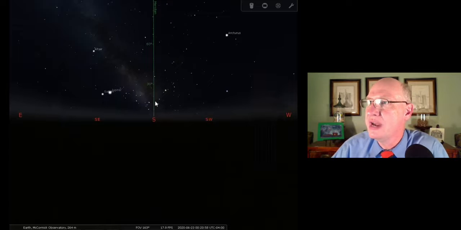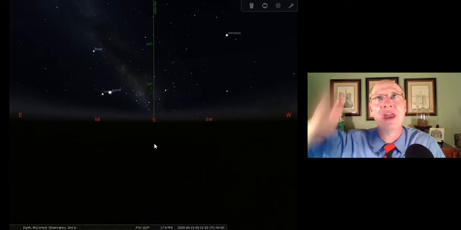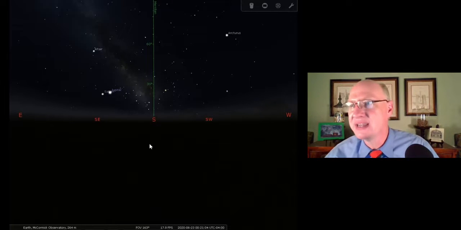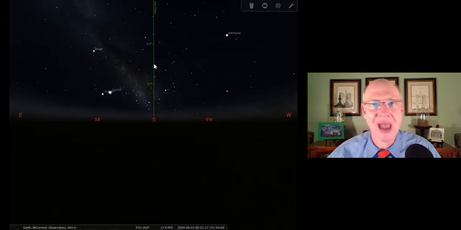So that's good. You'll remember the meridian runs from due north to due south and goes straight overhead. And what it does is it cuts the sky into an eastern half and a western half. But the most important thing about the meridian is that when the sun and the stars rise in the east and move across the sky, when they are due south here, they are at their highest for the day.